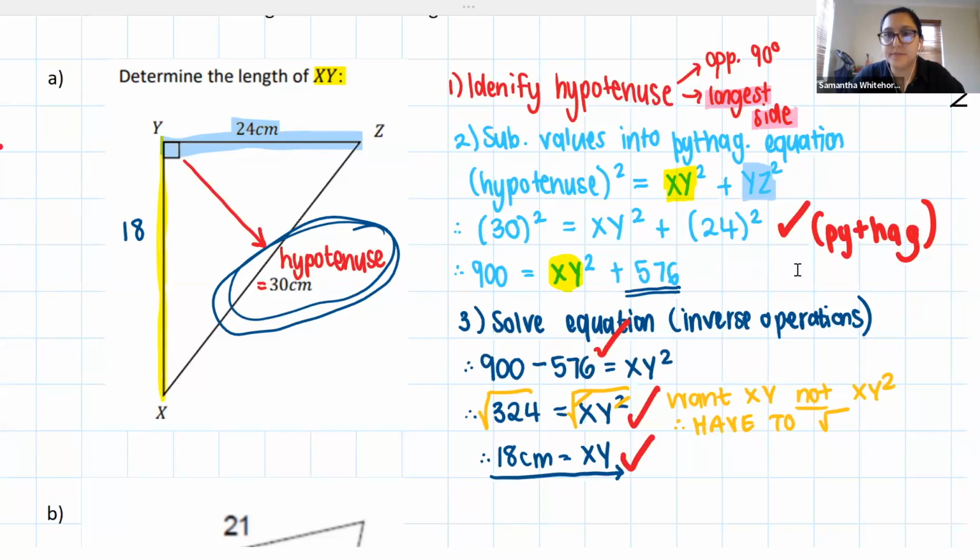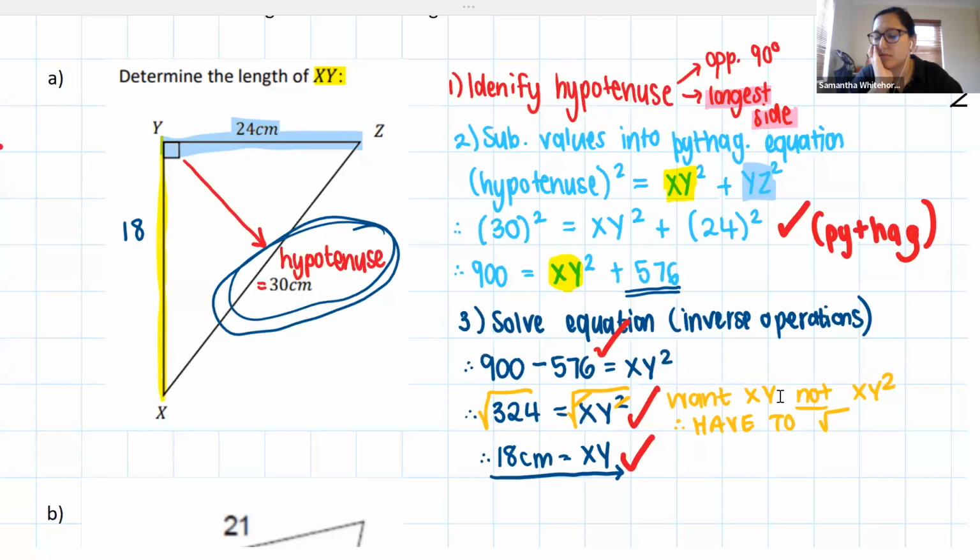Lindo? Hi, ma'am. Hi, how are you? Good. I wanted to ask, when our teacher was teaching us how to solve the z and y, or z and x, whatever, for us it was w and v. So he said wv squared equals uv squared plus uw squared.